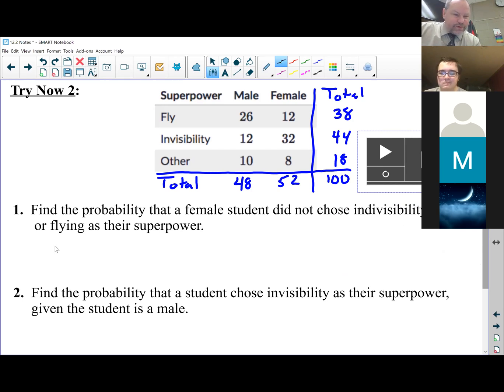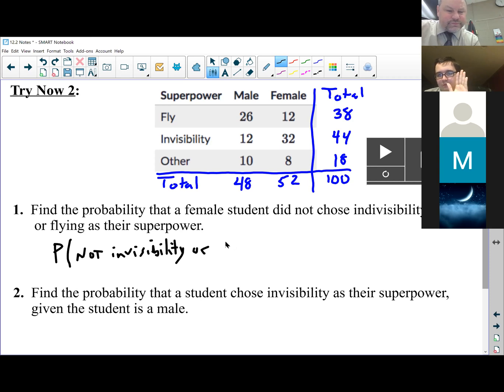What is the probability that a female student did not choose invisibility or flying, given they were female?